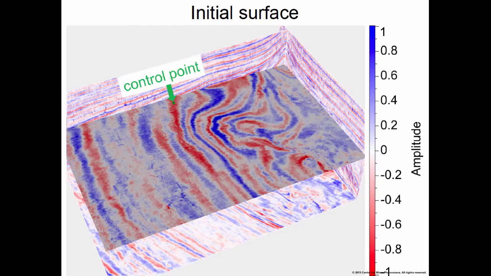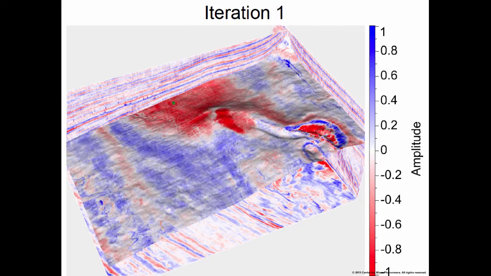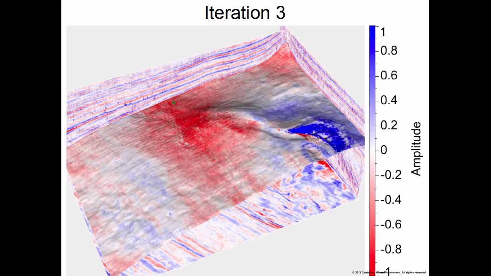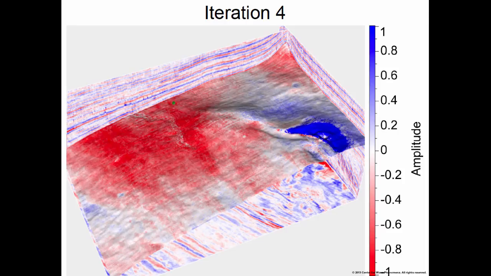From a 3D view of the updated surface, the initial horizontal surface does not align with any seismic horizon. Therefore, the amplitude values on this surface change randomly. During the updating process, this surface is gradually updated to the seismic horizon, and the amplitude values on the surface become more and more uniform.